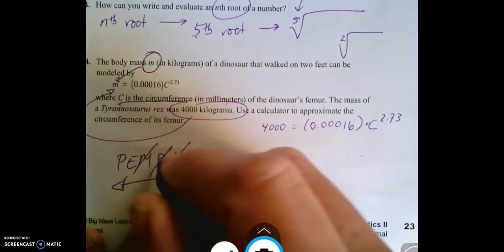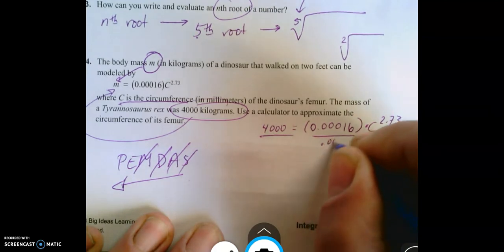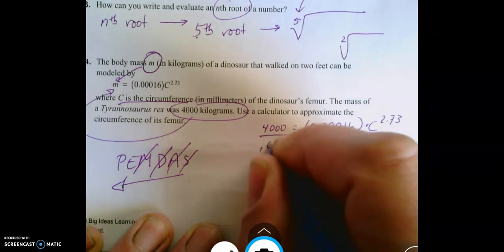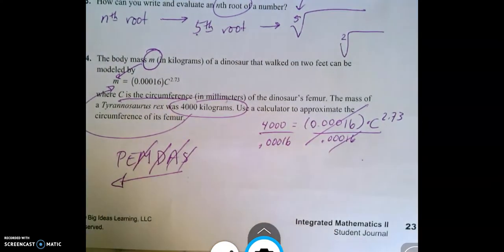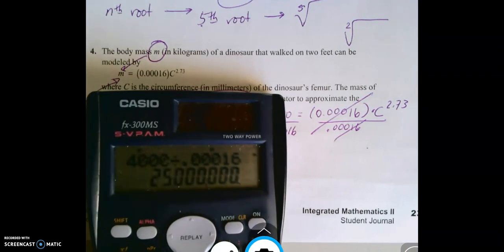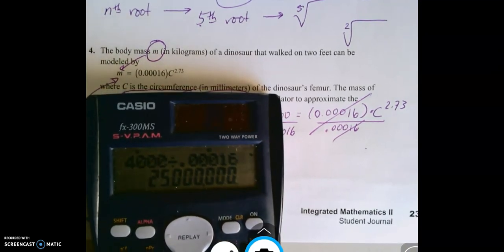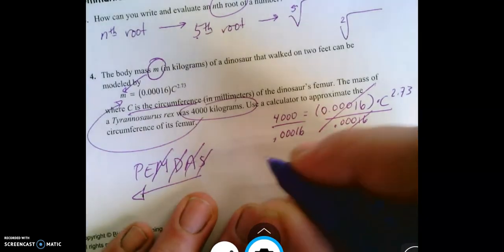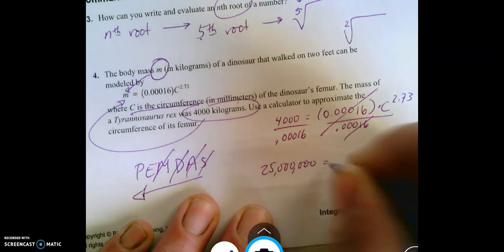So we use division to undo multiplication. 0.00016. Those will cancel, and then we'll get, looks like that gives us 25 million. We got 4,000 divided by 0.00016. Again, make sure you wrote that correctly. Did I say 25? 25 million. 25 with 6 zeros.